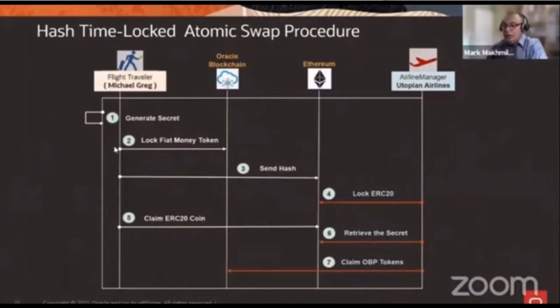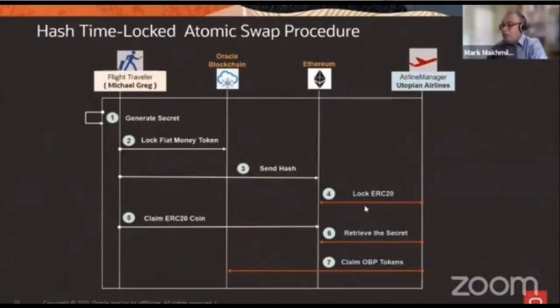They're going to do an escrow transfer to lock the fiat or the Oracle blockchain tokens in an escrow account, and then they will send the hash of that to an Ethereum smart contract that's provided here as an escrow.